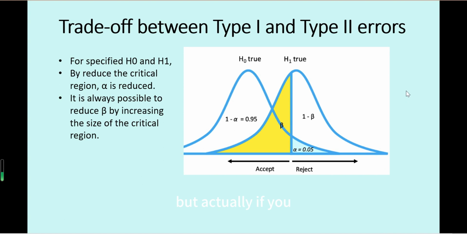But if H0 and H1 are very distinct, you do not need a statistical hypothesis test. Hypothesis testing is just for circumstances where people are not sure, and maybe H0 is true, maybe H1 is true.